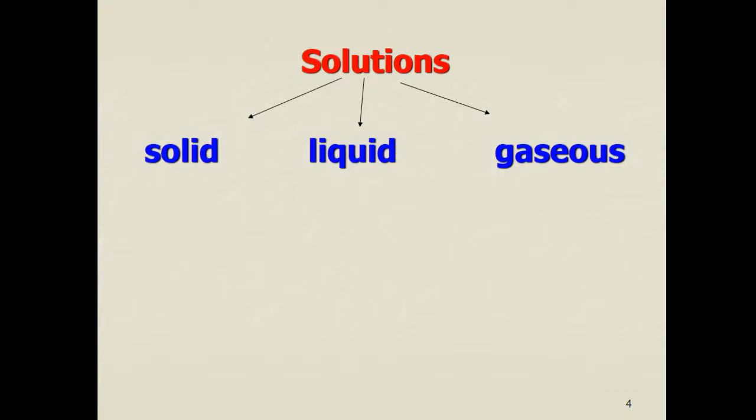First of all, according to how they look, the aggregate state. If both solvent and solute are solids, we have alloys, for example chromium nickel, a mixture of 80 to 20%, very heat resistant, so we apply it in industry. How to decide which one is solute and which one is solvent?